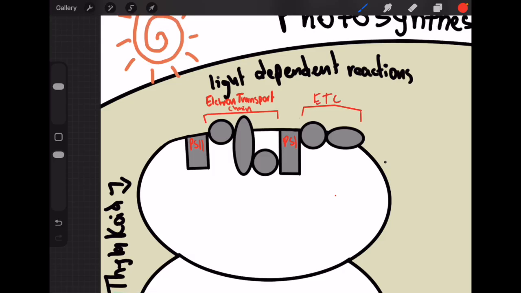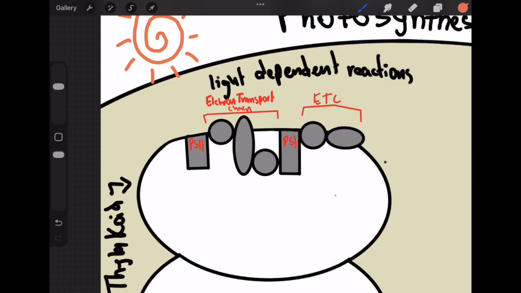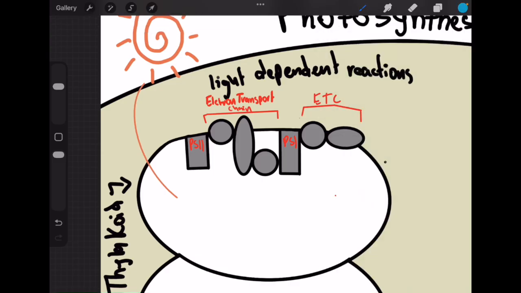So what happens basically is the sun comes here, and we take H2O coming from our soil, and what it does is it splits it up into oxygen, hydrogen, and electrons.